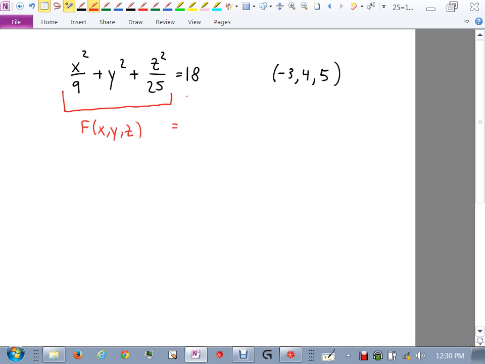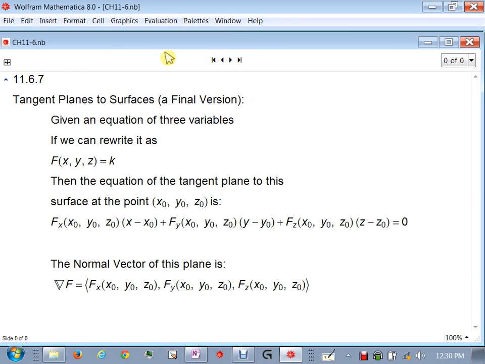And then the right side of this is our k. And that looks exactly like what this formula was saying right here. If we have left side as a function of 3 variables equals a constant, then this is what we should get for our equation of our plane.